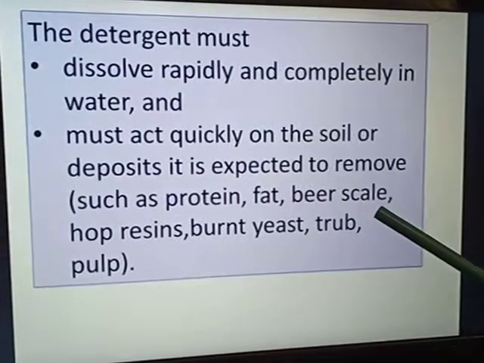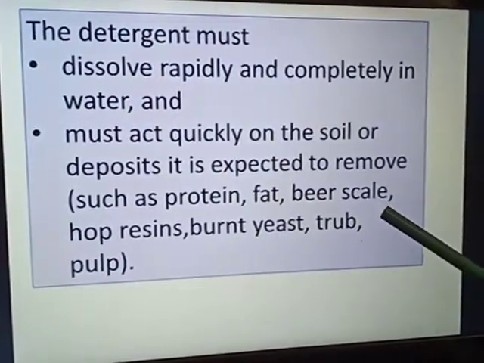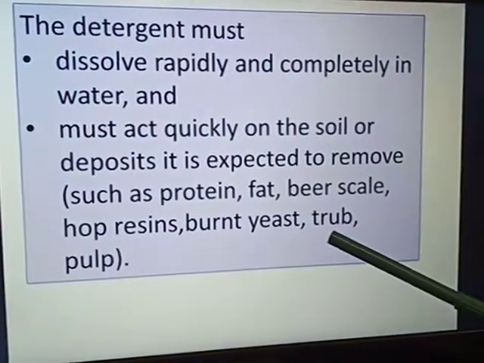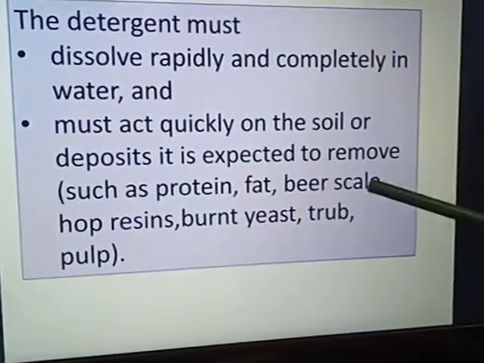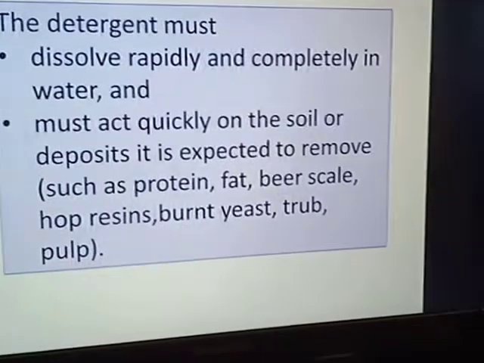Scale is something that sticks onto the surface. Scale, resins, burnt yeast, trap and pulp. All of these are the dirt on the equipment of food processing.